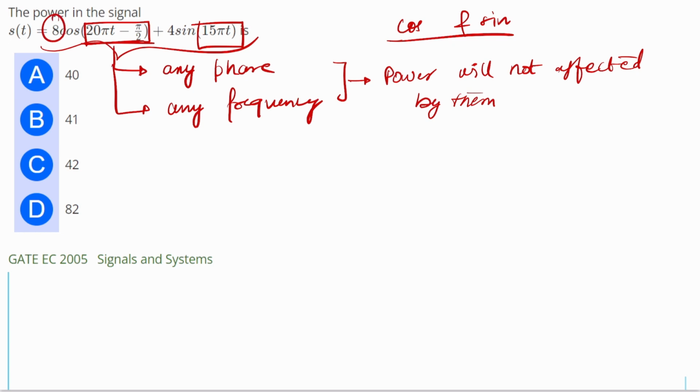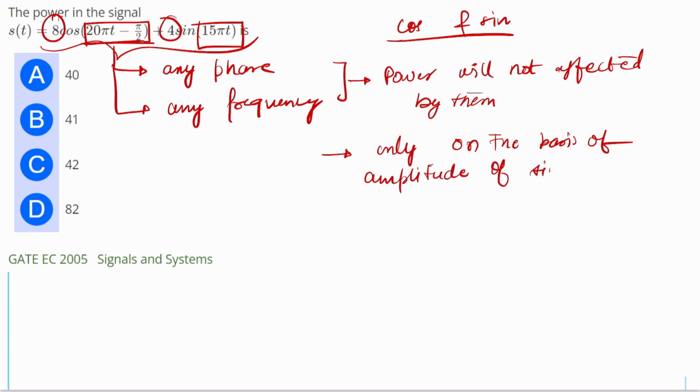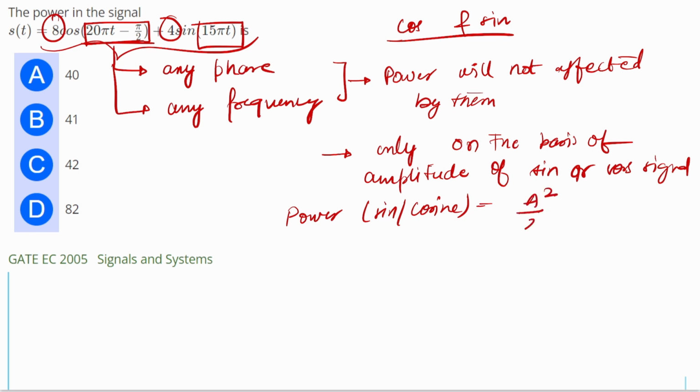We calculate the power only on the basis of the amplitude of the sine or cos signal. So the power of either a sine or cosine signal is given by amplitude square by 2. That's it.